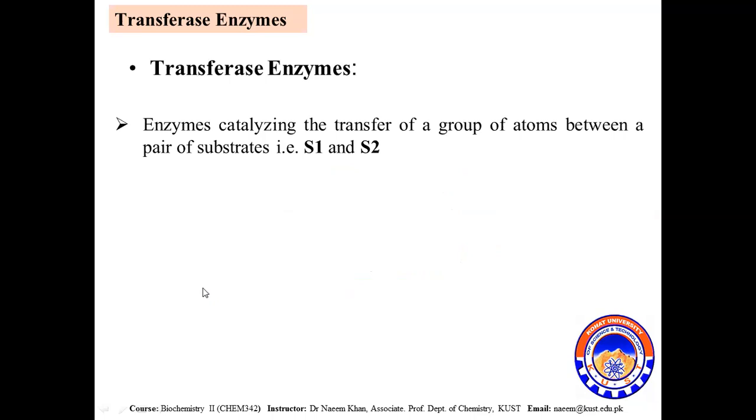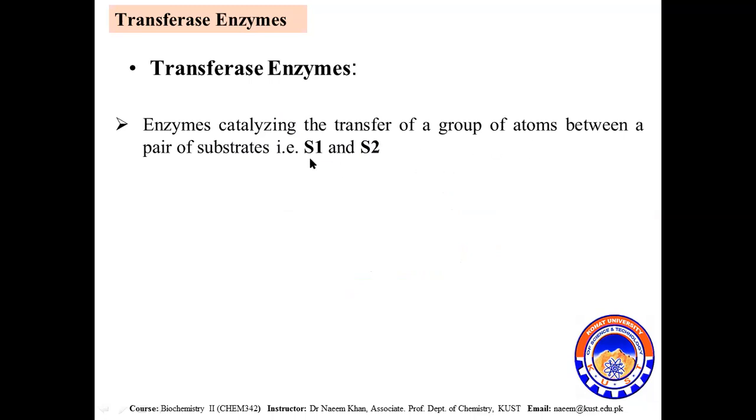So today, let's make a start on the transferases. Transferase enzymes are the enzymes which catalyze the transfer of a group of atoms between a pair of substrates. It means these enzymes catalyze reactions involving two substrates, transferring a group from one substrate to another.